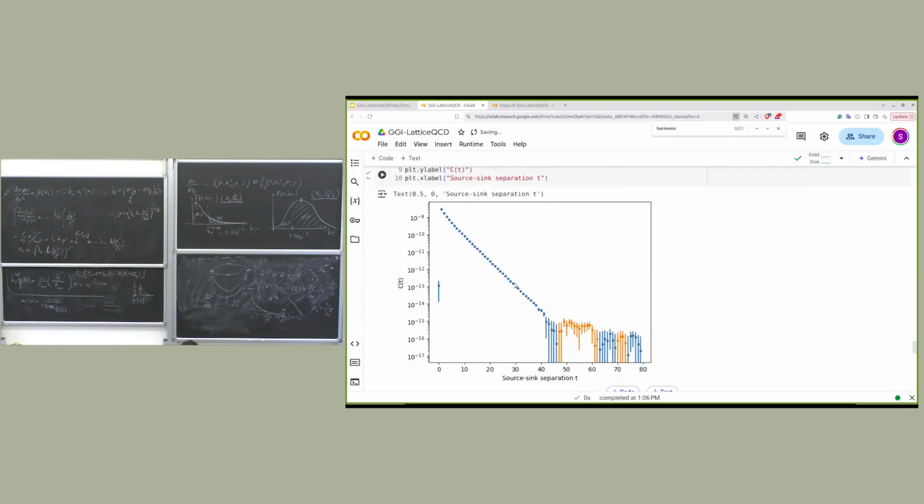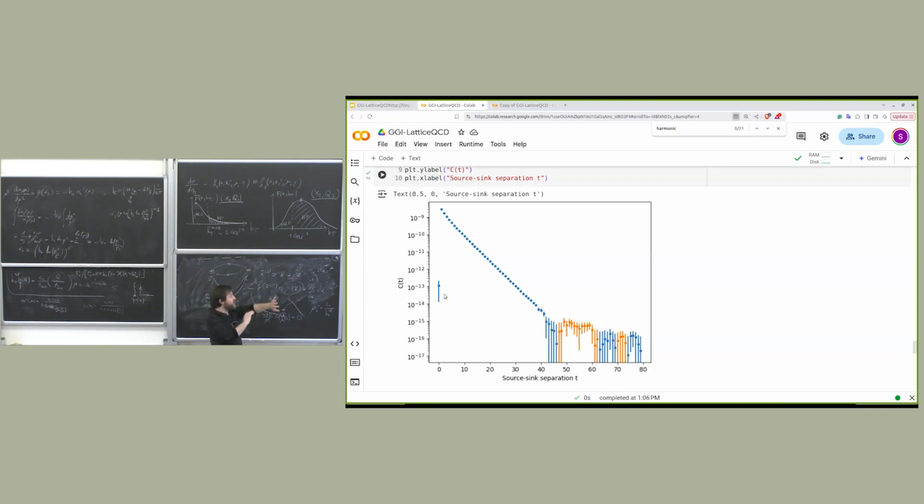I forgot to, okay, someone should have asked, what is happening here? What is happening at 0? At 0, it's what we name a contact term, contact point. If you write it down, at 0 you're not measuring a correlation function because you put everything in one point, right?